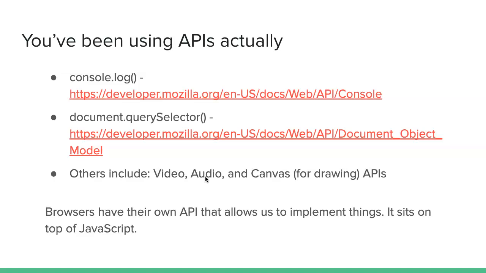They got all the browsers to agree on the standard. And thanks to them, all we have to do now is follow their API. They have all this documentation, so every time I want to create a video, I read their documentation and follow their rules, and we can put video or audio on our website.